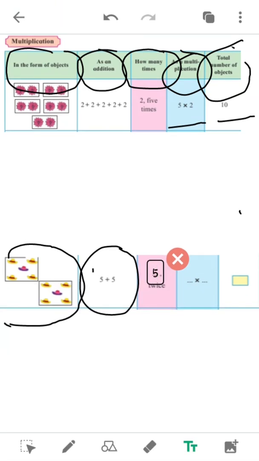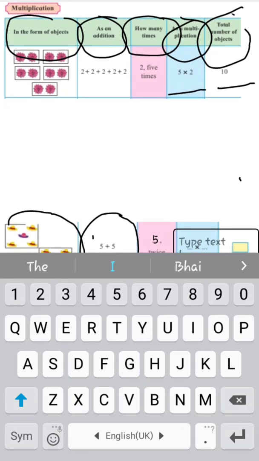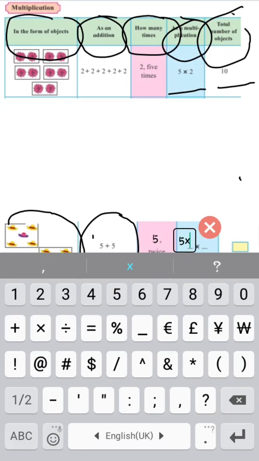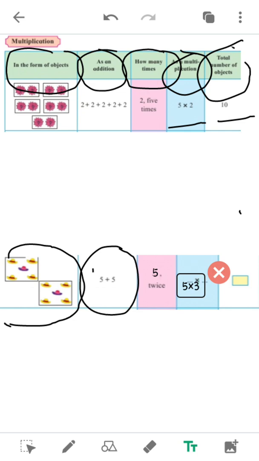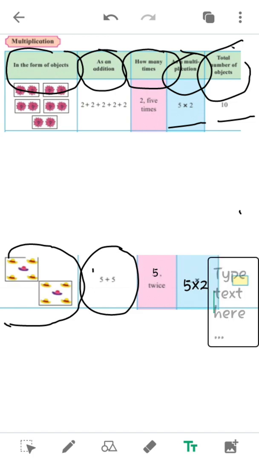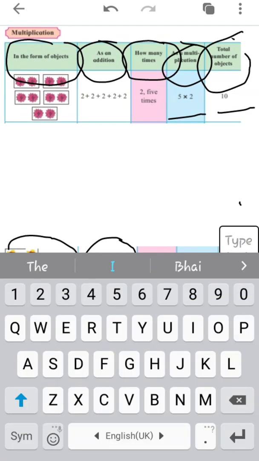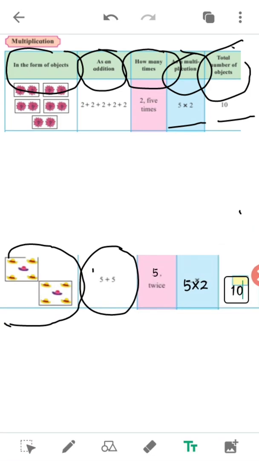Five twice means 5 multiplied by 2. So, if you read the 5 table 2 times, you will get the answer. 5 ones are 5, 5 twos are 10. So, total number of hands there are 10. Write down in your textbook. Do this activity in your textbook. Okay.